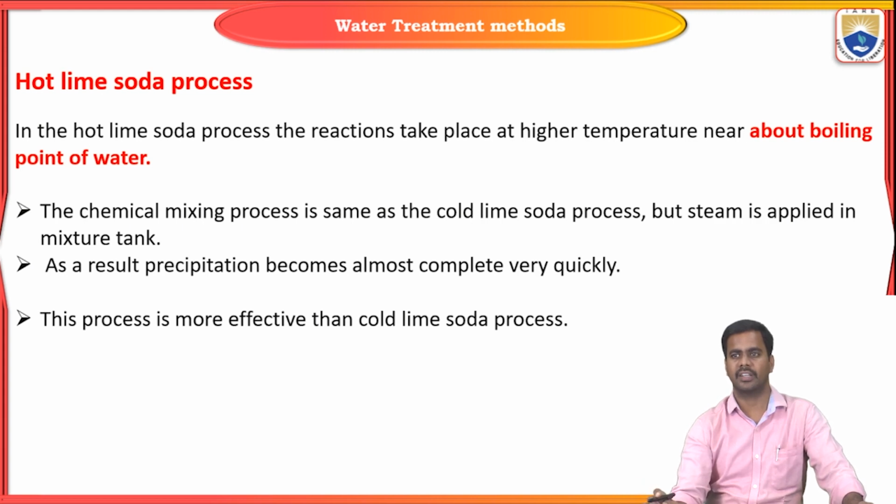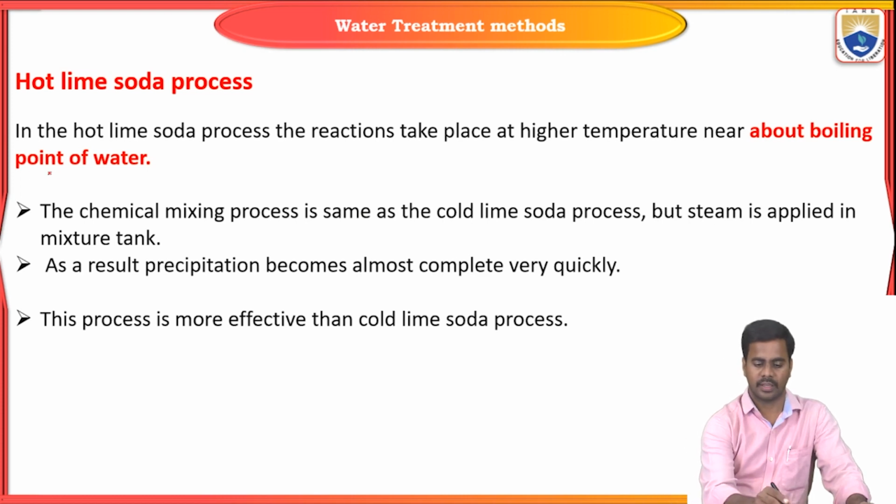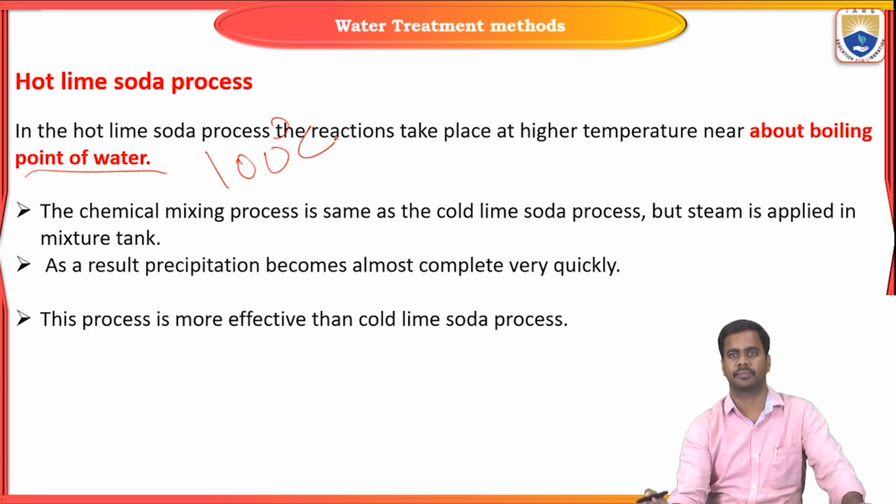Next, coming to the hot lime soda process. In this process, the reaction takes place under hot conditions, at high temperatures, about the boiling point of water, that is 100 degrees centigrade.